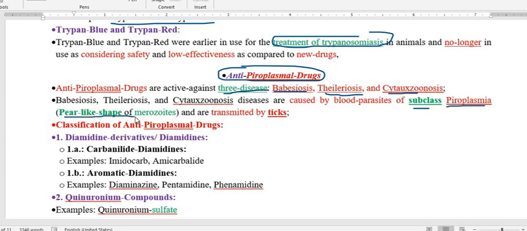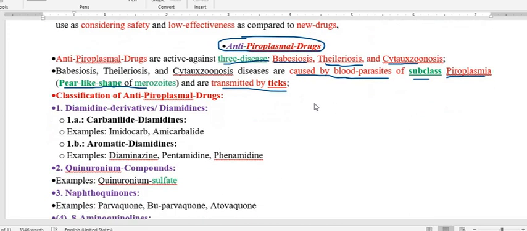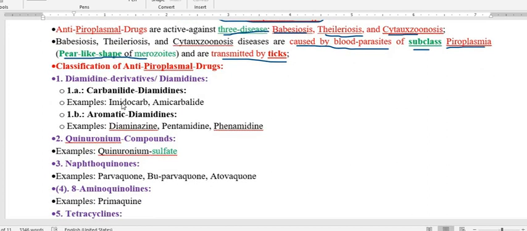Because they belong to Piroplasmia and have a pear-like shape, we call them piroplasms, and the disease is transmitted by ticks. Actually these parasites, or protozoa, are blood parasites.